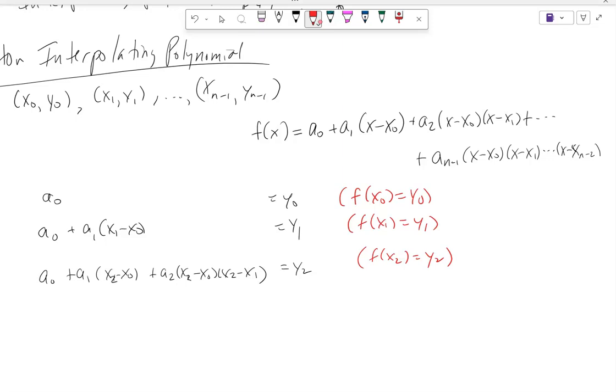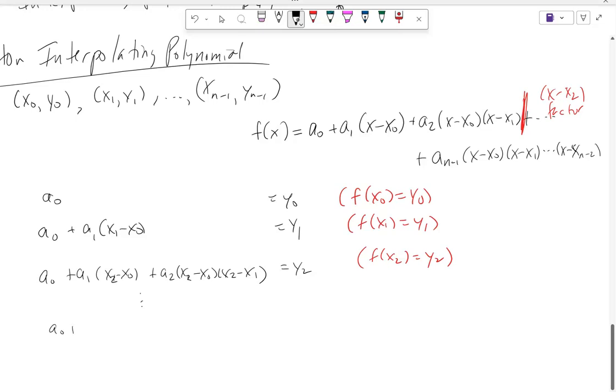Because every term past this one, there's an x minus x2 factor in there, right? So all those terms will get killed. And we'll keep going.